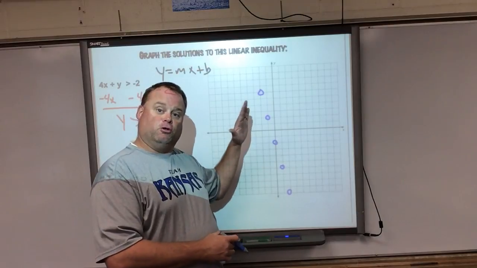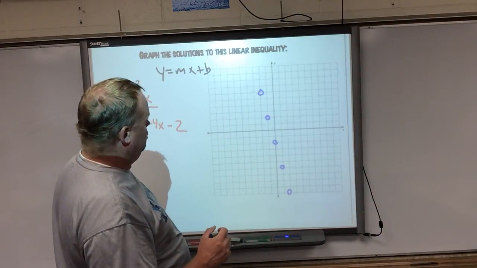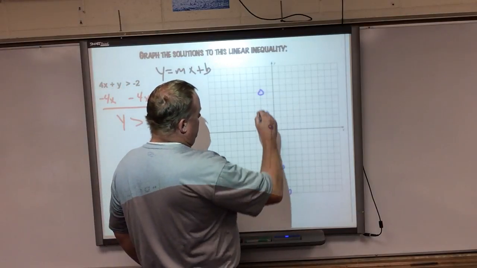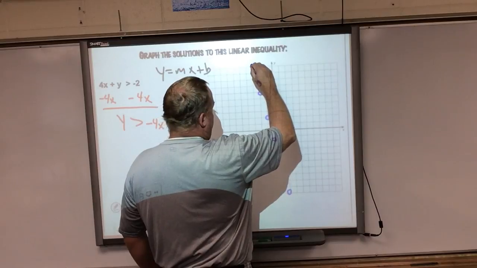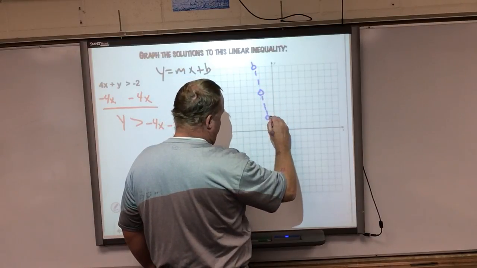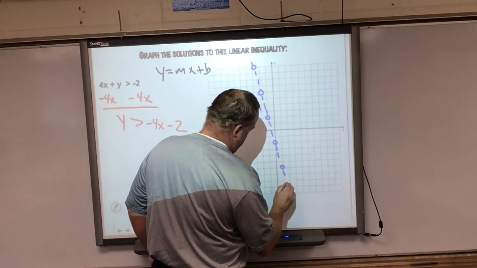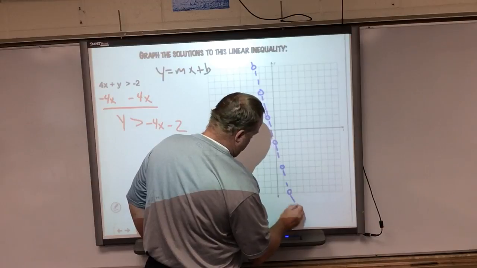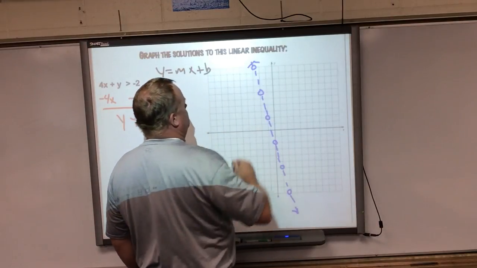If I try to put a ruler on here, it kind of starts messing up my whole thing, and I'd have to grab the ruler off of Notability. So I give you more points so I can graph this easier, freehand. And there we go. My dashed line.